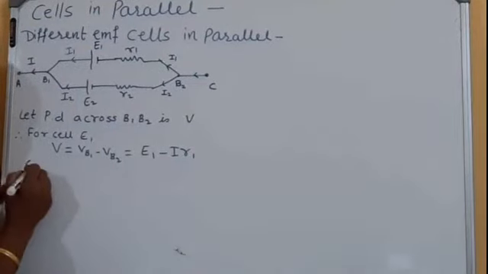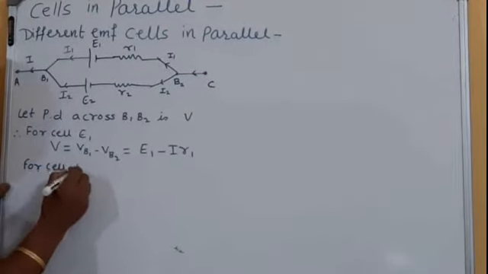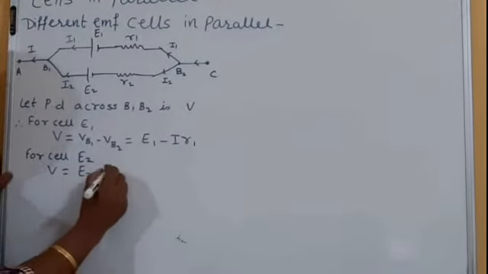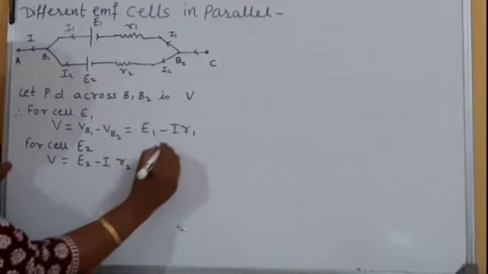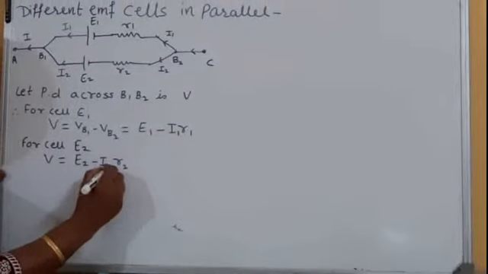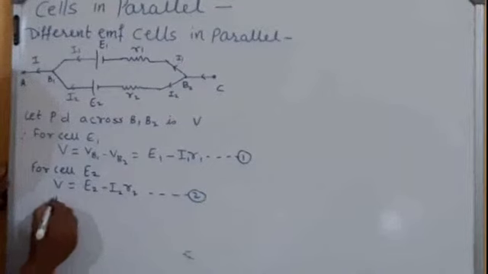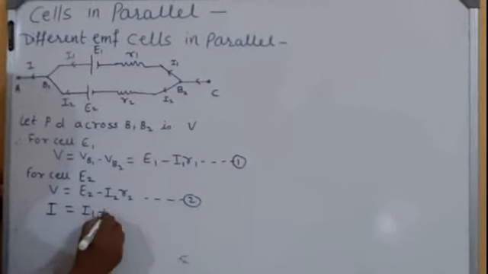Now for cell E2, you can write V is equal to E2 minus I2 r2. Now currents are also different, so I1, I2. Now at the junction B1, we can write I is equal to I1 plus I2.